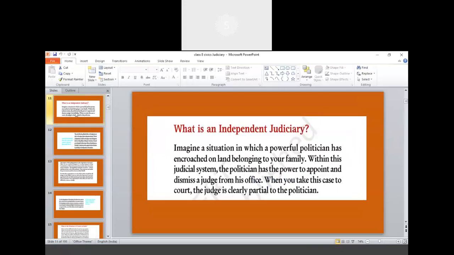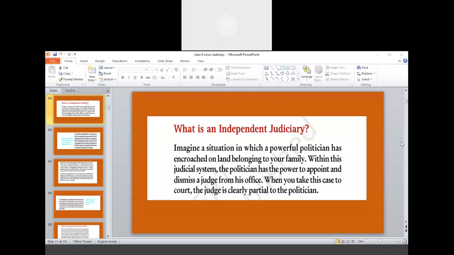Okay. Then we also discuss independence of judiciary. Now, what is the meaning of independence of judiciary? It is very clear that there are three organs of the government. Can you name them? Judiciary, executive, and legislature.